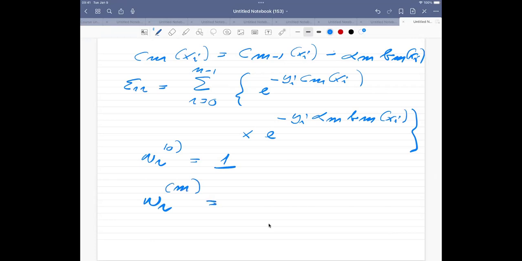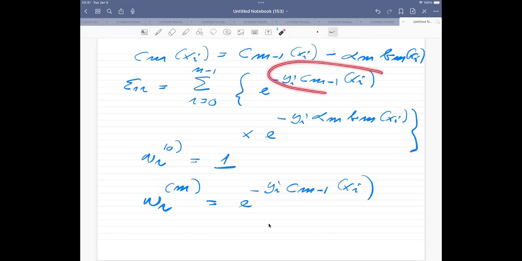So we define this one as e to the minus y of i times Cm-1 of x of i. So what does that mean? Now, this value here should be minus, there should be a -1. Let me just correct it. I forgot the -1 here of x of i. So this is something which we have defined from the previous iteration.